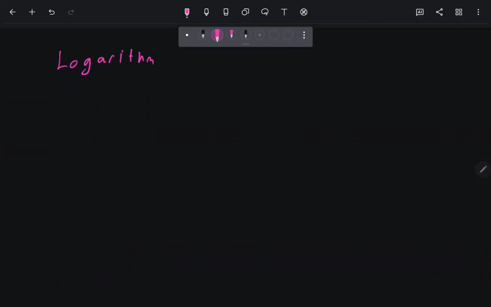One of which is they are the inverse to the exponential. In fact, if we just draw out a graph, and we're going to say that this and this are both 1, and we have a line here that is y equals x, because that's what the inverse does. It flips our y's and our x's, so it really just flips it over the line y equals x.